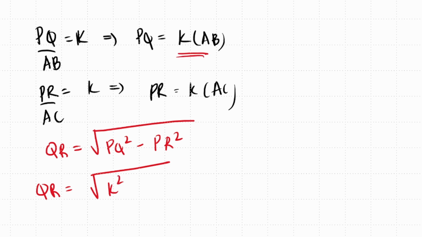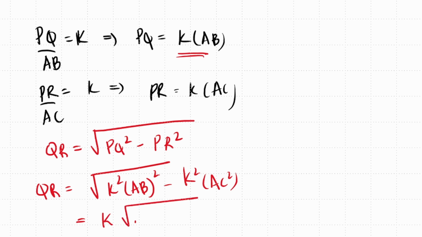So write K square into AB square minus K square into AC square. Okay. We'll take this K outside. K is common over here, so K will come out. So it will be K root of AB square minus AC square.